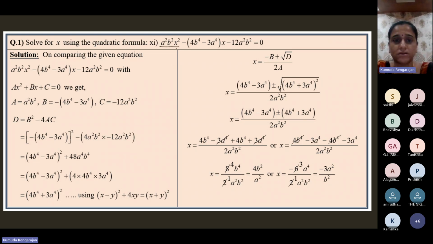Don't open the bracket, because the quadratic equation should be in the standard form to apply the quadratic formula. So this is the x square term. Now this is a, the coefficient of x square. A squared b squared is a. This is the x term, the coefficient of x. That's b. This is the constant.